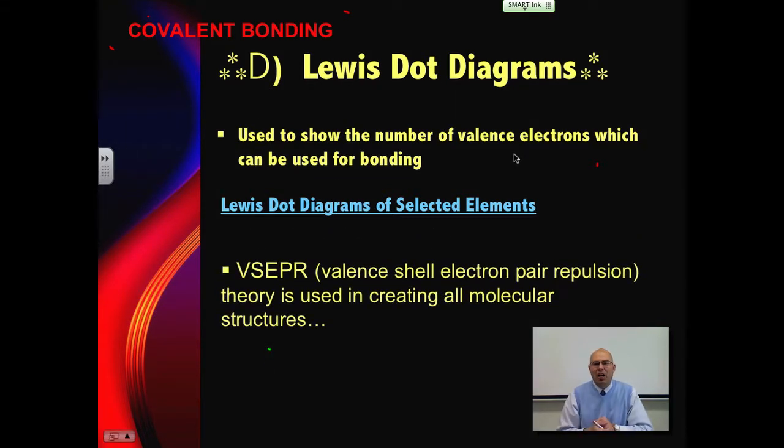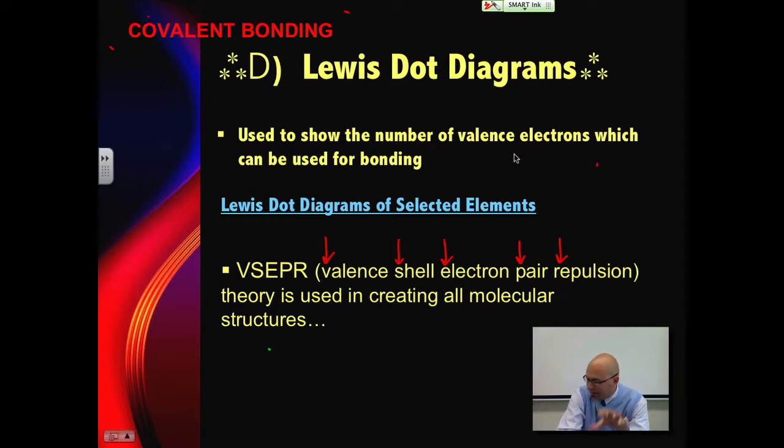Now let's take a look at the VSEPR theory. VSEPR stands for valence shell electron pair repulsion theory, VSEPR. It's used in creating all molecular structures. Allie's going to have to wait just 1 minute. So VSEPR, valence shell electron pair repulsion theory, and it's used in creating structures.